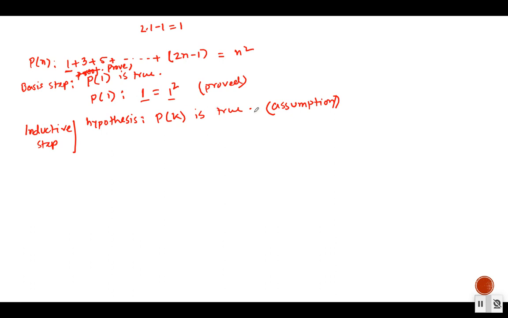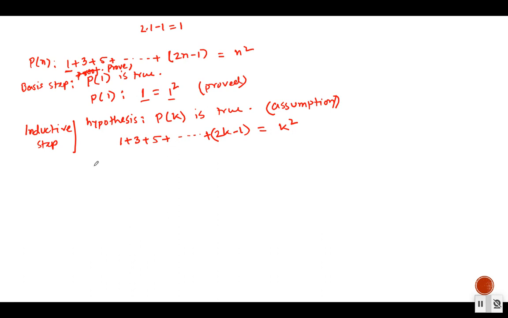So if Pk is true, then our propositional function is true, and it will look like that: 1 3 5. So all we have to do is actually replace n with k, right? So it will look like 1 + 3 + 5 + ... + (2k − 1) = k². So we are assuming that this statement, this propositional function, is true.